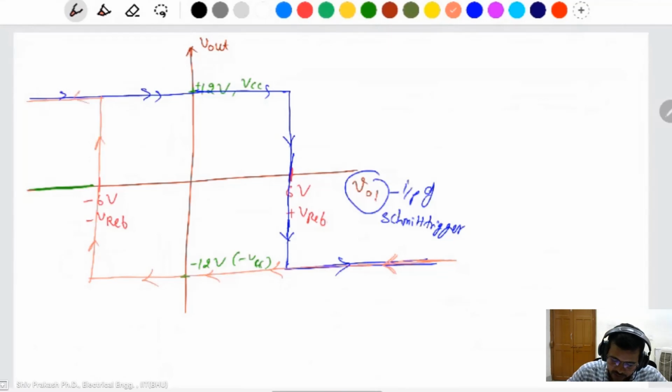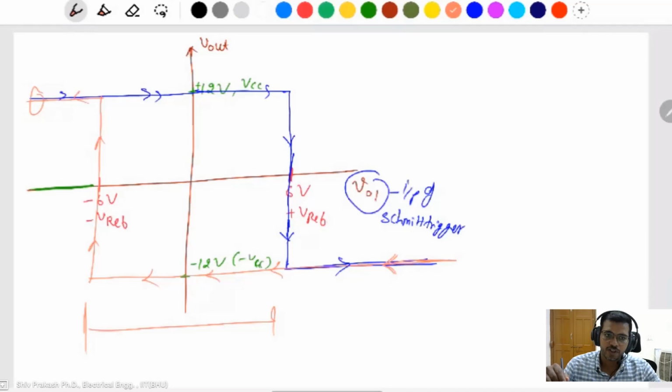This is the hysteresis band, here to here, and both signals are the output signal of Smith trigger.